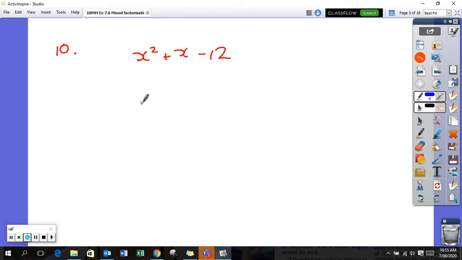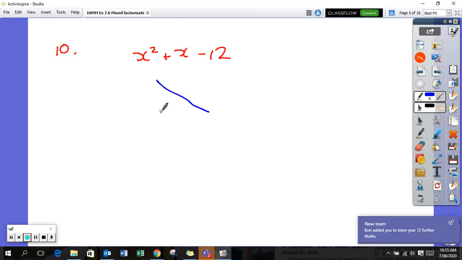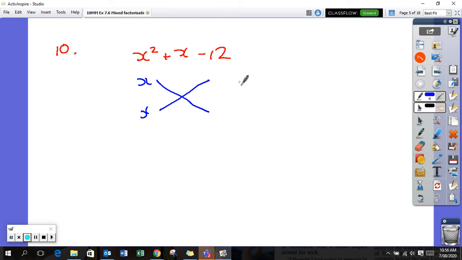Okay, question 10. Quadratic trinomial, an x squared term, an x term and a number, so flag and cross. For x squared, the only factors are x times x. Then we need two factors of negative 12 that get us to 1, so I'm going 4 and 3, make the 4 positive, the 3 negative.